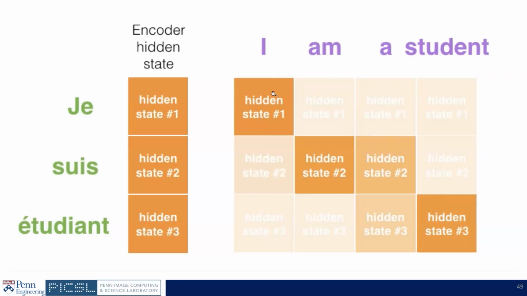So this confusion matrix is basically telling you what hidden state from my encoder's output is essential in decoding it to English. From this word to this word, hidden state number 2 is essential, and it's leaning a bit towards hidden state 3, that it also saw something from hidden state 3 as well.